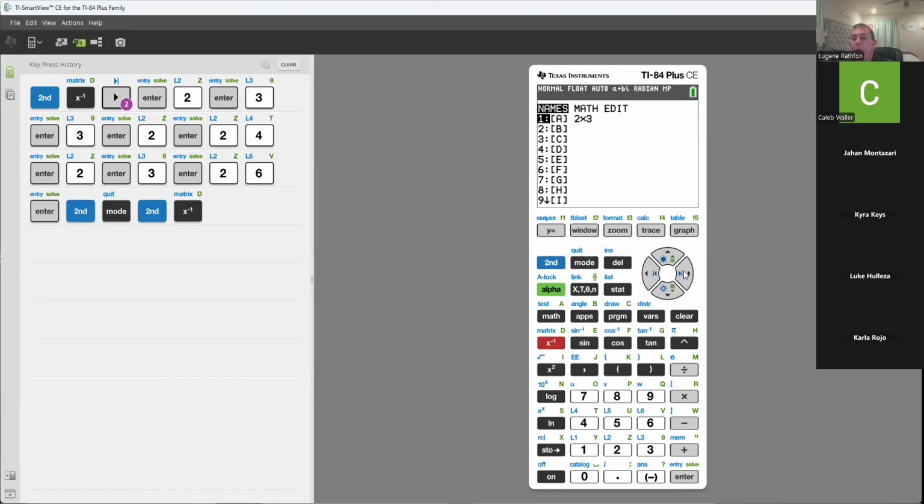To do math, we're going to go to the math column and arrow down until we get RREF. Now, y'all, A is REF. It'll reduce it, but it won't reduce it all the way like we want. RREF is reduced row echelon form of the matrix, and it'll solve it all the way through. So highlight B, RREF, and hit enter.